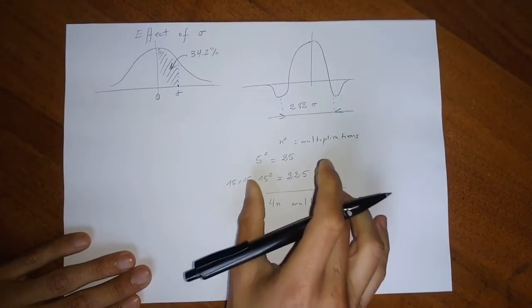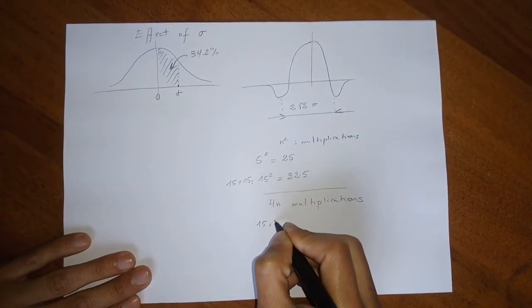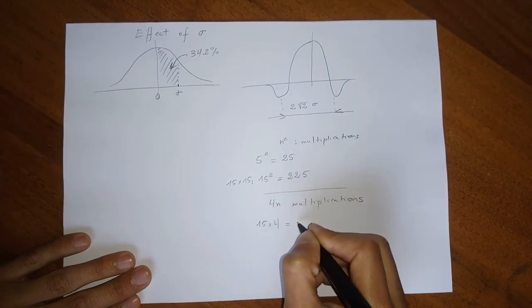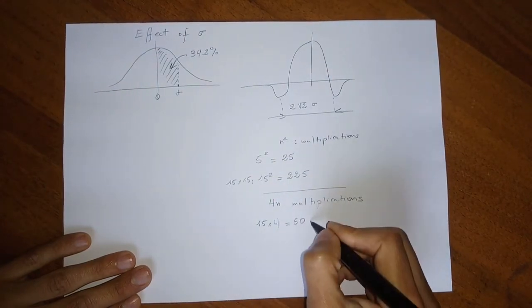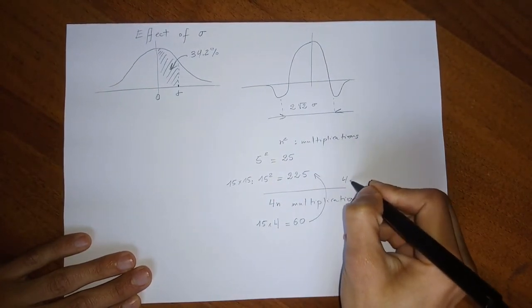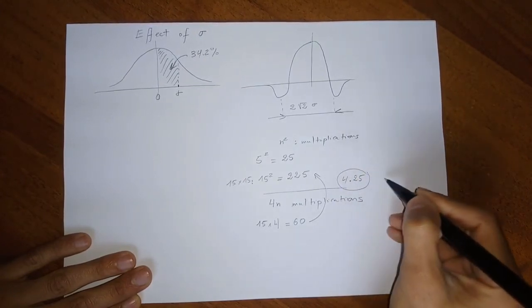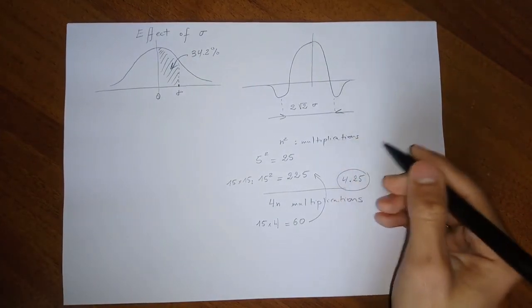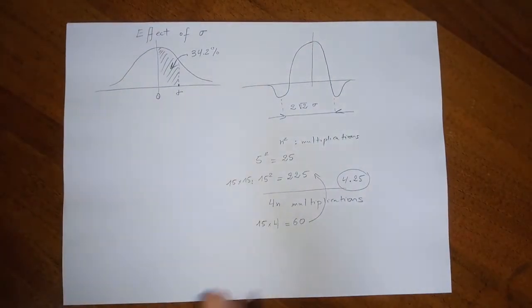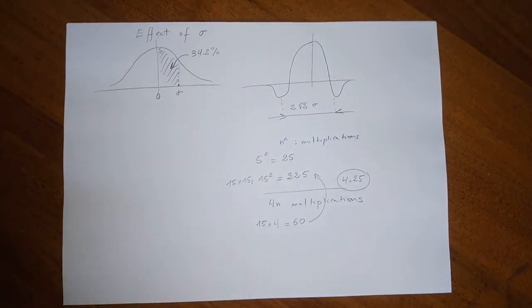So for example, in this case, I would need only 15 times 4, which is equal to 60. Comparing this with this, we would have a gain of 4.25, so this would be 4.25 times faster, and this is of course if we take just the multiplications, not to mention the additions. And as I said, this gain gets bigger and bigger as we increase the size of our kernel.